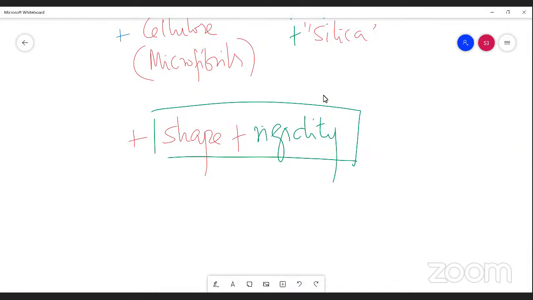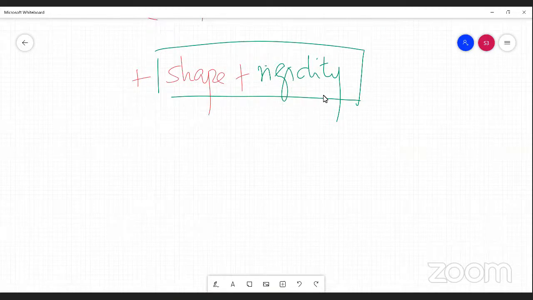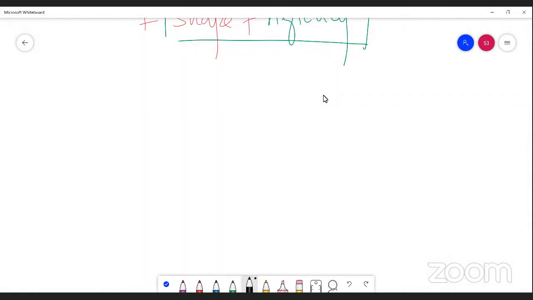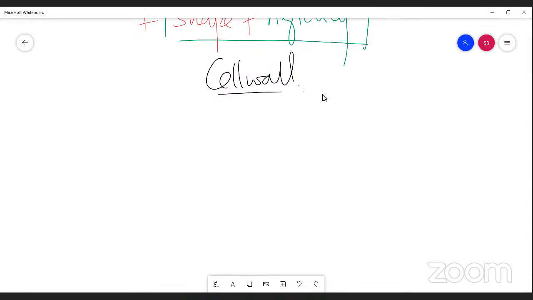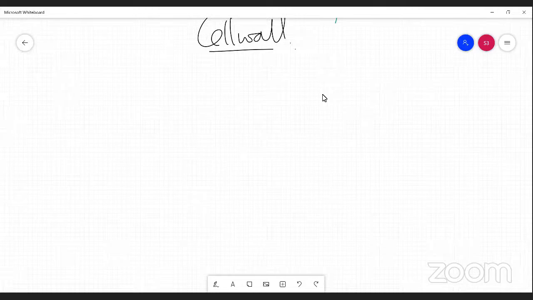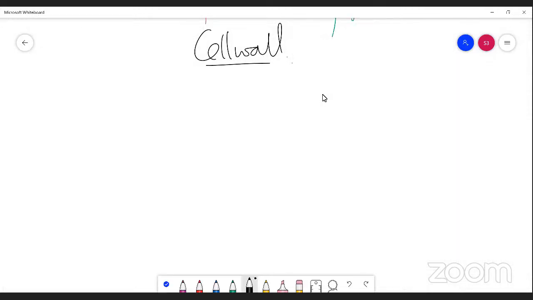Okay, now I'm going to show you the structure of the cell wall. If you take a fine structure of the cell wall, you can find there are mainly three parts.